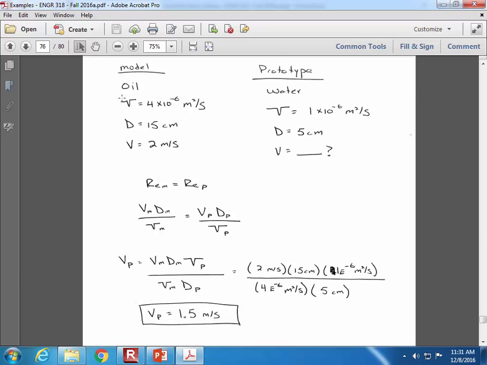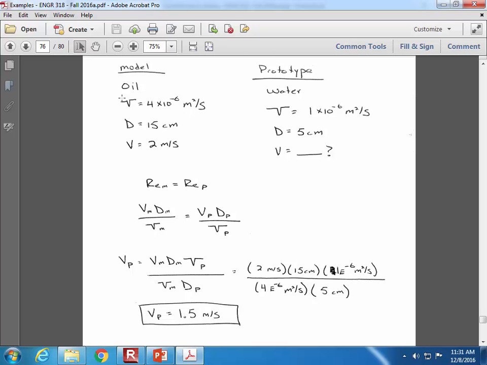All right, so if we list all the parameters for the model and for the prototype, it looks like I switched the terminology. It ends up not mattering which one you call the prototype and which one you call the model. Ordinarily you'd think that the prototype is going to be the larger of the two, but it's possible that you could use something very big to simulate what's going to happen with something small as well.